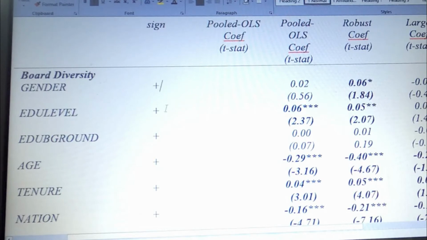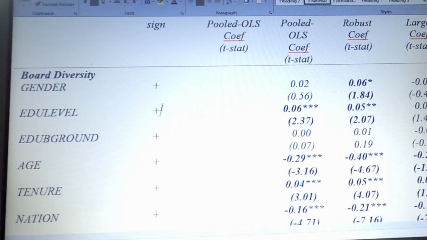But once we create the interaction terms, the predicted sign will change, because we open the possibility that there might be a complementary or substitutive relationship between the interaction terms and CSR.